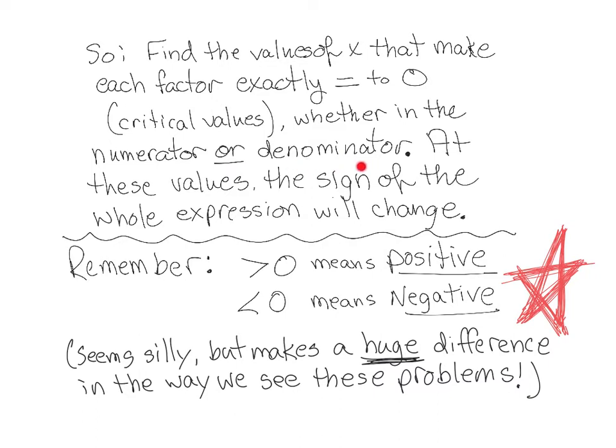The places where the denominator is equal to 0, we can't include in our answer, but the sign will change when the denominator flips from minus to plus or plus to minus, okay? At these values where any of the factors are exactly equal to 0, the sign of the entire expression will flip.